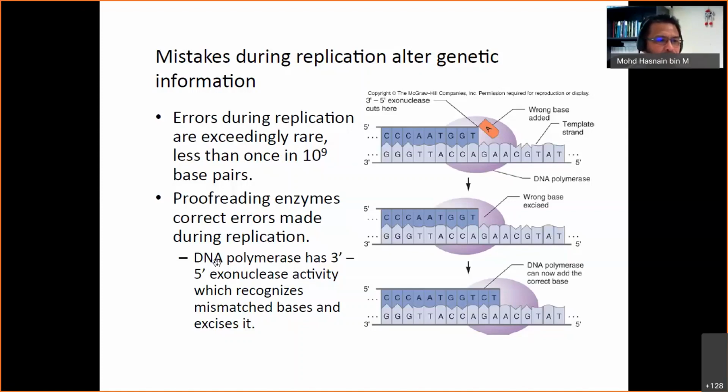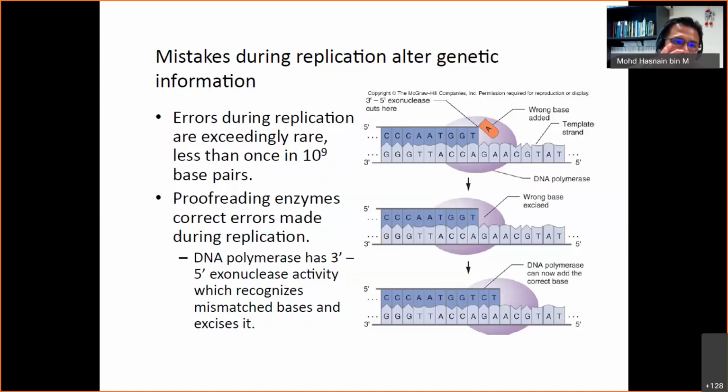You see here, DNA polymerase has 3' to 5' exonuclease activity, and this is not the only proofreading enzyme. Okay, so DNA polymerase, if you recall your general genetics class, there are different types of DNA polymerase, right? Some have several subunits.